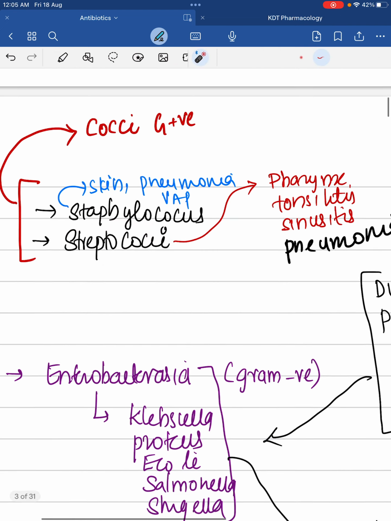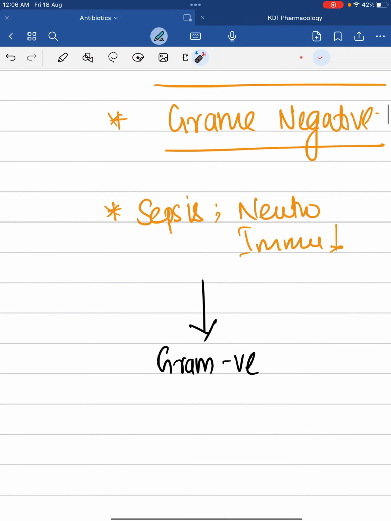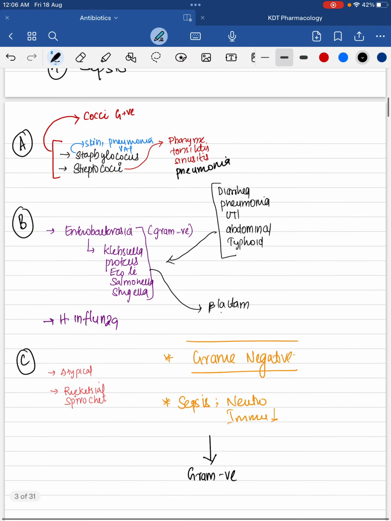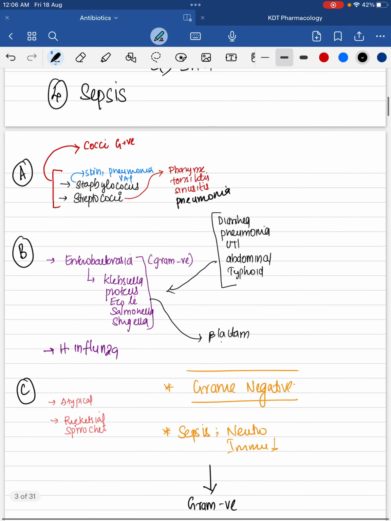There, even if the antibiotic we choose does not have gram negative coverage, it won't cause much harm, but for the majority of the other infections, gram negative coverage for the antibiotic that we choose is a must. Please keep that in mind.